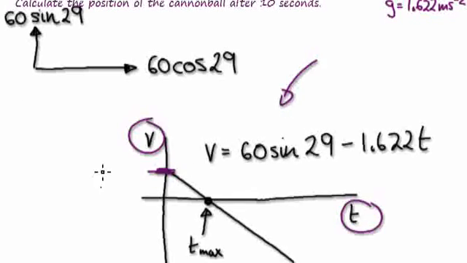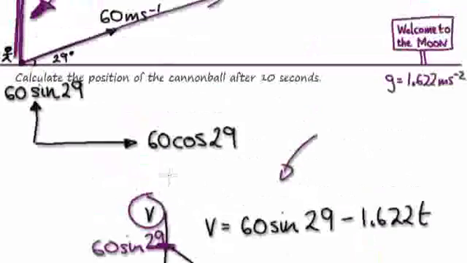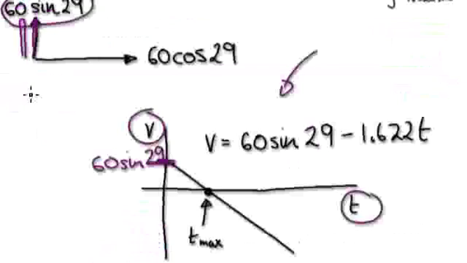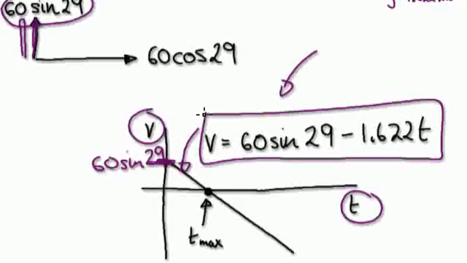This point here is the initial vertical velocity, so it's going to go up and down again. The equation for this graph is given by this.